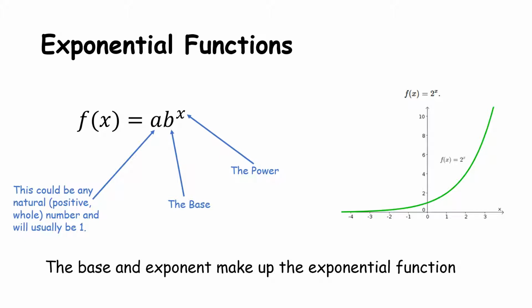Look at our graph here of f of x equals 2 to the power of x. So just like in our indices, we have the base, which is the big number, and we have a power. Note that there could be some number put in front of the base, but in most cases we're going to see that as simply 1.